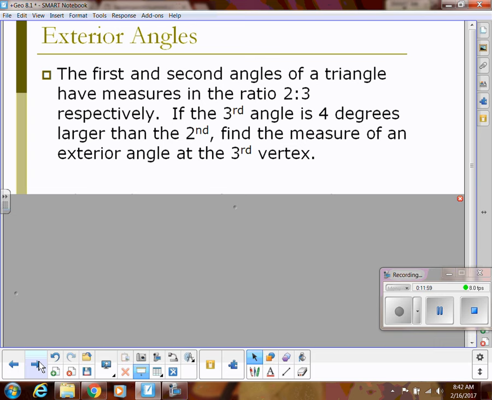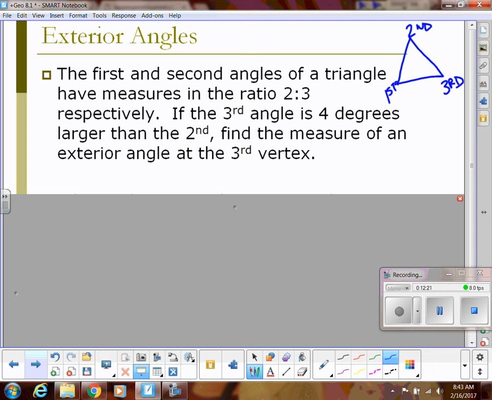One more that I wanted to talk about is this one. The first and second angles of a triangle have the measures in a ratio of 2 to 3. So let's draw this out. I have a triangle. I don't know what kind of triangle it is, but we'll put first, second, and third, just so we can keep that straight.